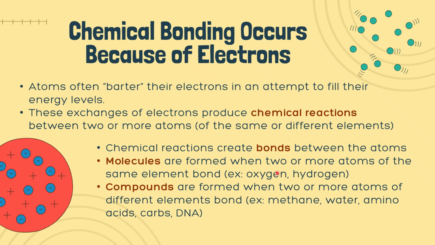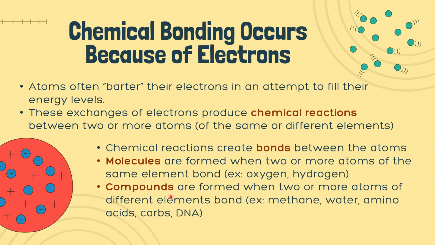So technically, a lot of the gases in our atmosphere have two atoms bonded together. They don't exist as just a single oxygen floating around. We call it diatomic. So in the atmosphere, oxygen always bonds to itself. So that's a molecule. The two oxygens together, the two hydrogens bonding together, those are molecules.